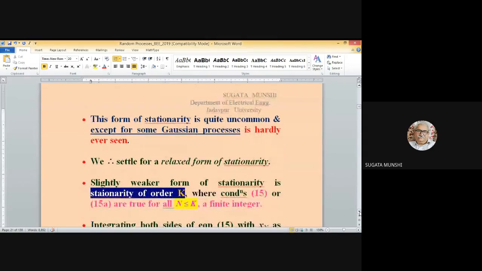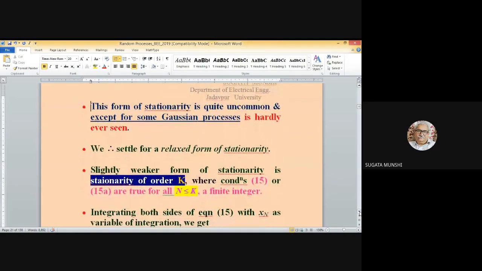So the strict sense stationarity is satisfied only for some Gaussian processes. We have to therefore be satisfied with some relaxed form of stationarity.